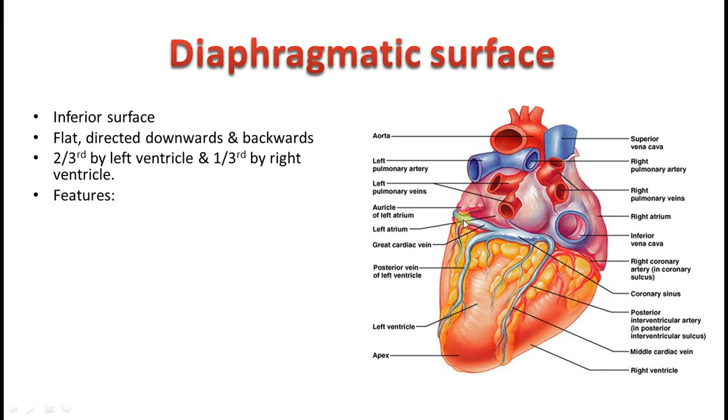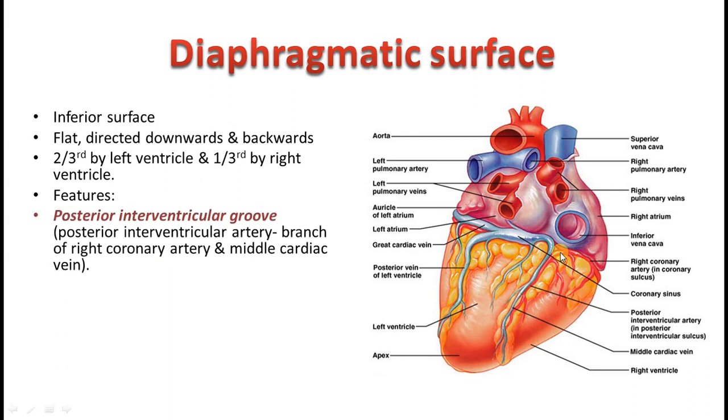In the left part of the AV groove, you have the coronary sinus along with the left circumflex artery. Here in the right part of the groove, the trunk of the right coronary artery continues. So mainly the posterior interventricular groove contains the posterior interventricular artery with the middle cardiac vein, which I told you.